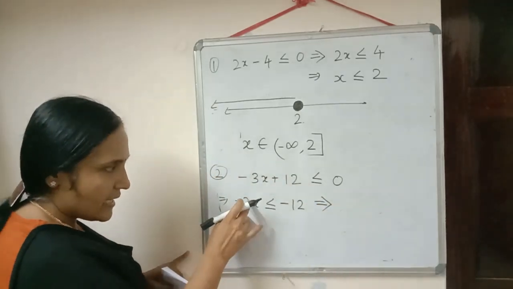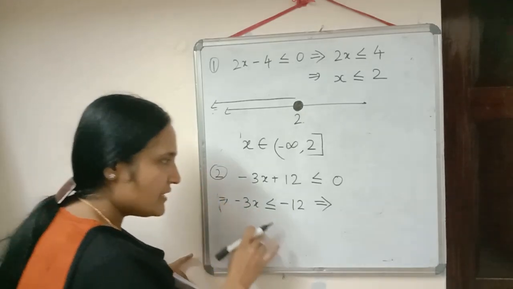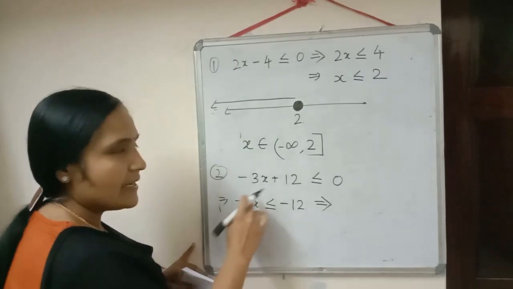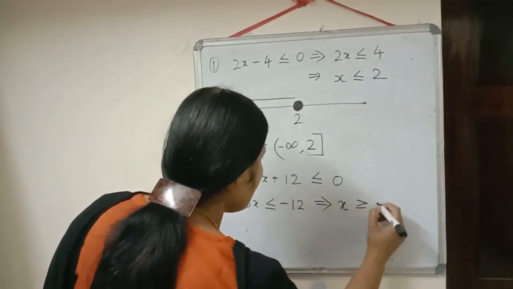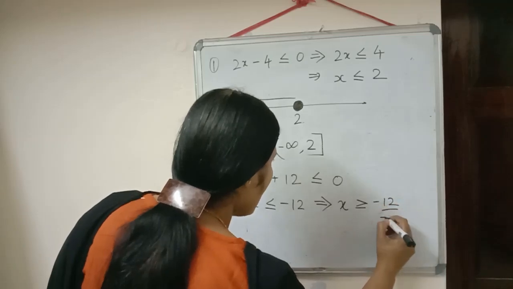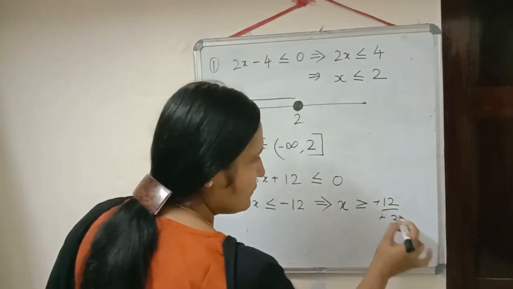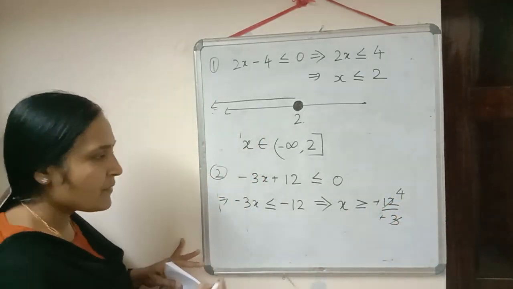Now just to check, a negative number is there in multiplication. So when we will shift the negative number to right hand side, we will change the sign of inequality. Then it will be equal to x greater than or equal to minus 12 by minus 3. So here these two will get cancelled. We will get x greater than or equal to 4.